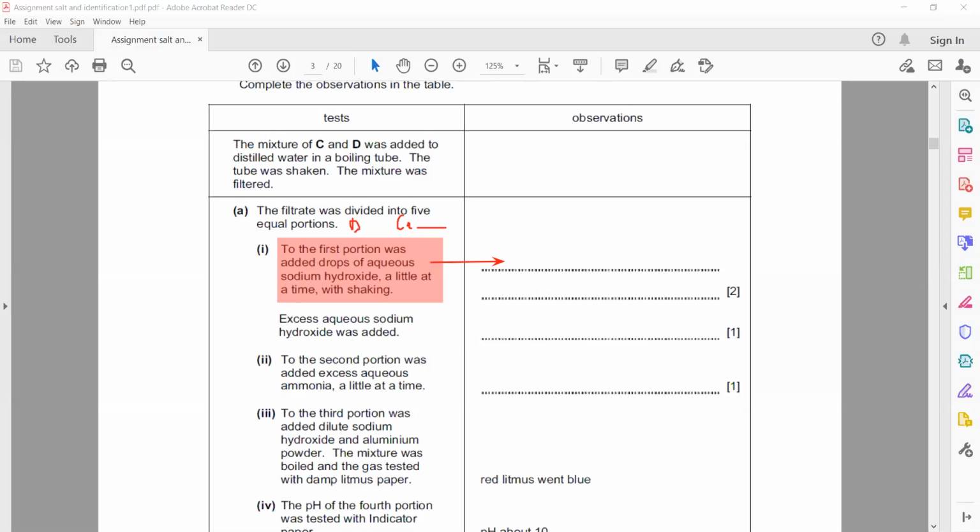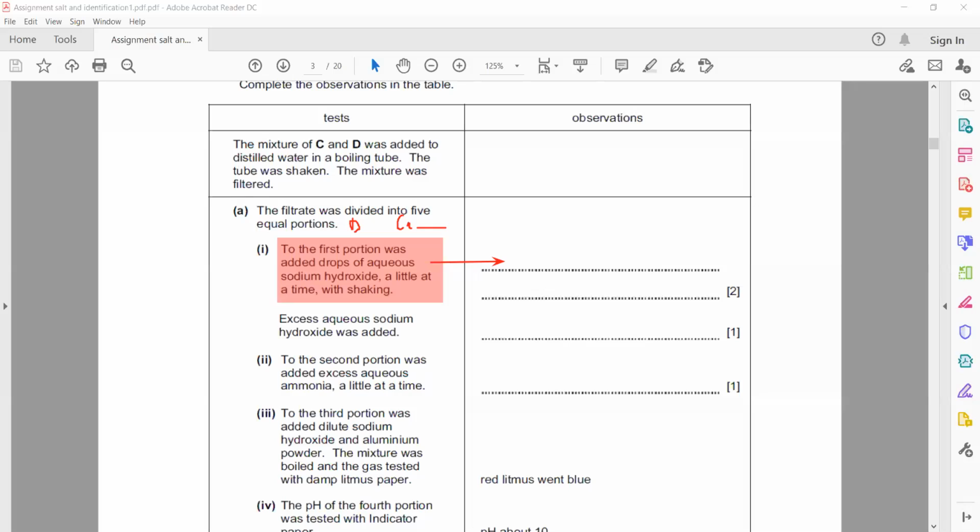It will give a white precipitate, or white PPT. Even in exam, you can write PPT. That's accepted.